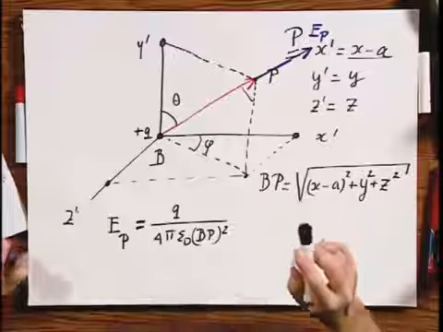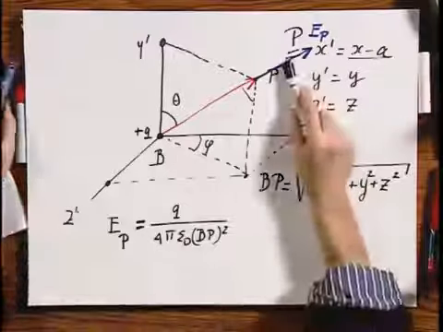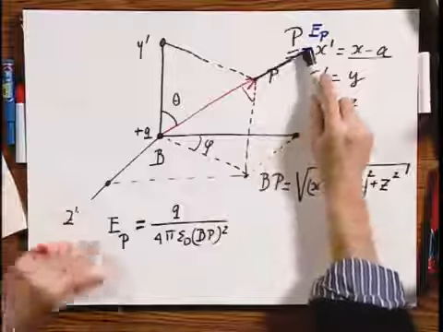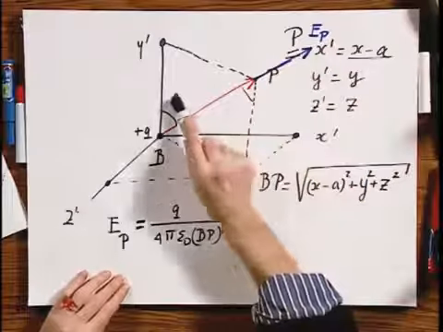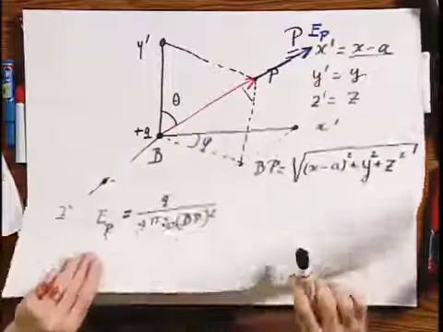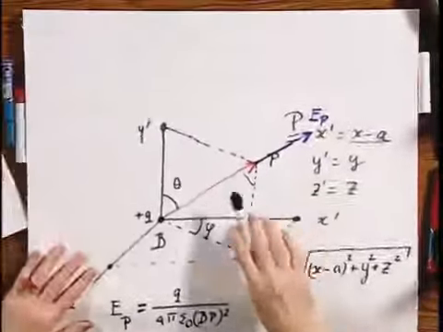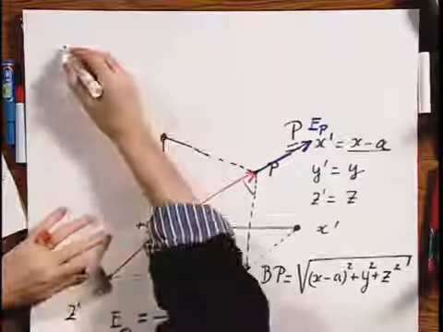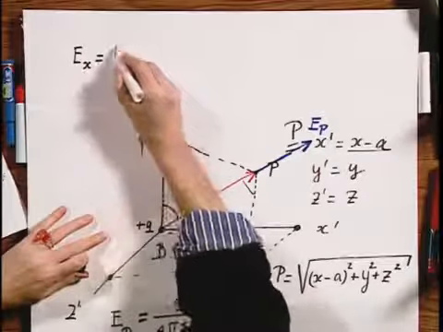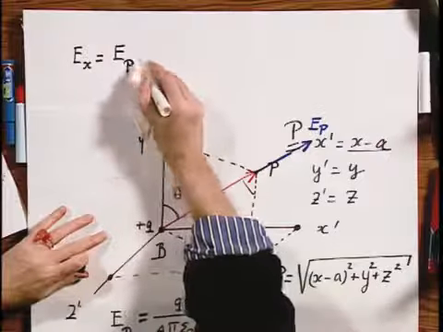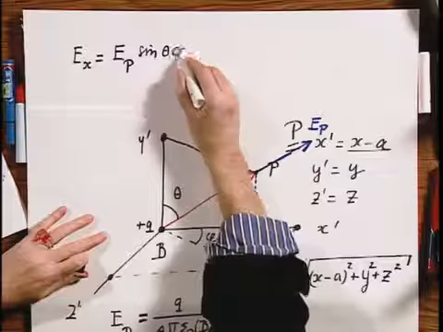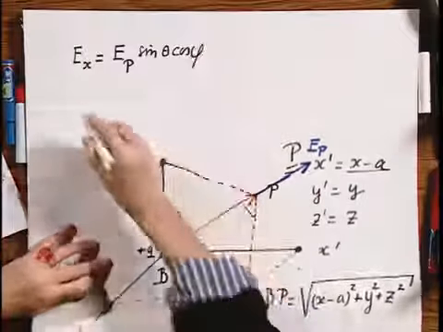Now I want to know what the x component, the y component and the z component is of this vector. And now I need the help of these angles theta and these angles phi. It's now becoming a mathematical problem, no more physics. Ex, as you can confirm for yourself, is the magnitude of EP times the sine of theta times the cosine of phi.